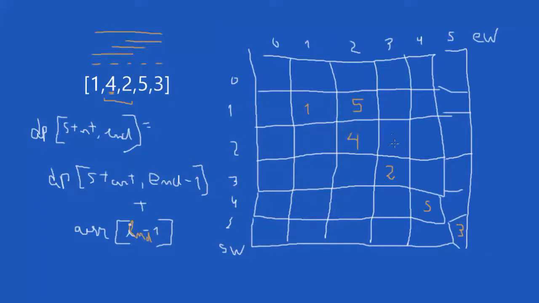And here we want this subarray, and what we put in here is the value that is in the second position of this subarray plus the previous sum, which is 4. So here we put 6.